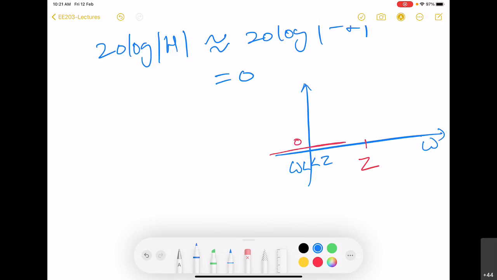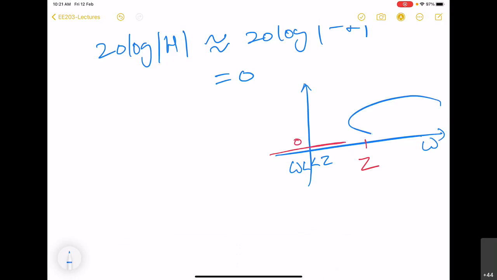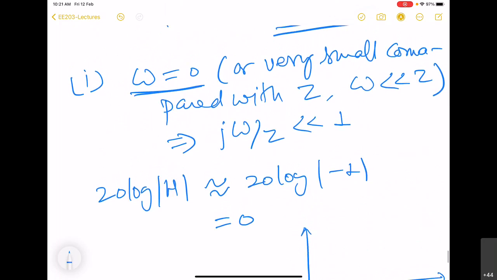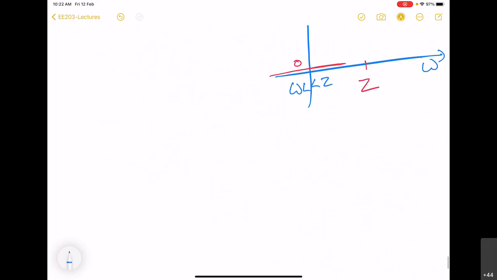So we have found out the plot for very small value of omega. Now the question will be what will be the plot in these regions when omega is large compared with Z. So the second case that we are going to consider, so this was the first case, omega 0 or very small rather. So second scenario that we are going to consider is omega much, much greater than the 0, right?